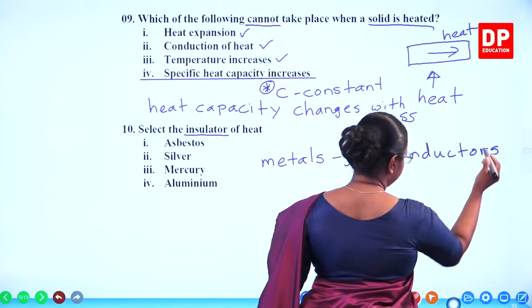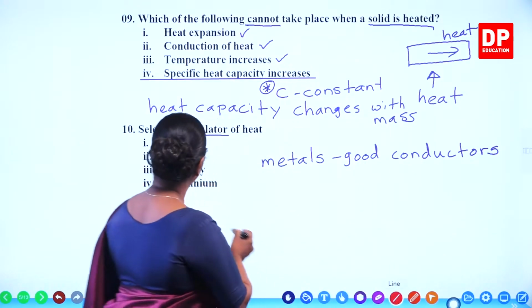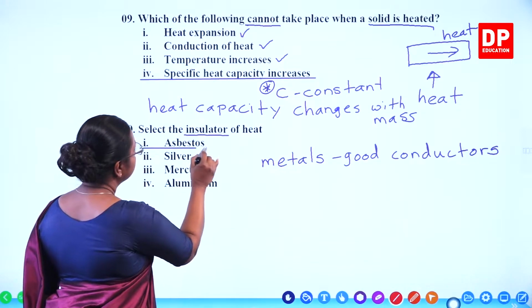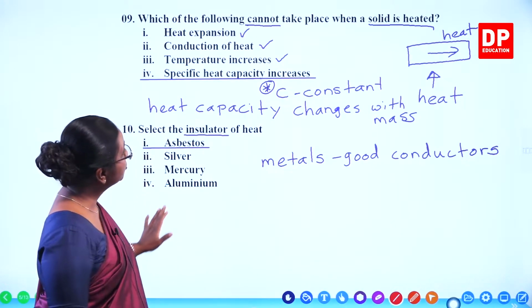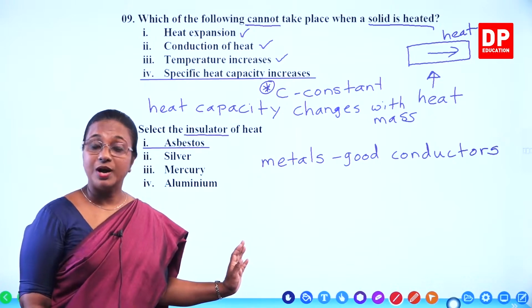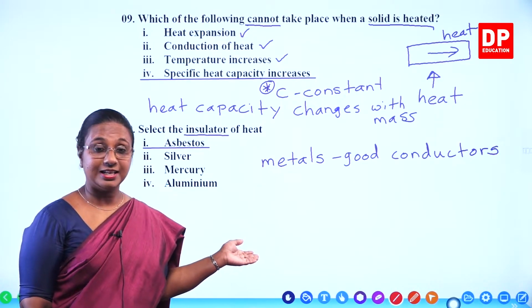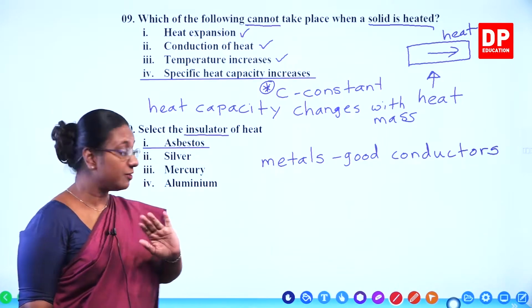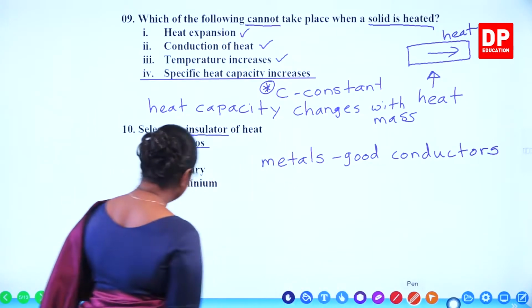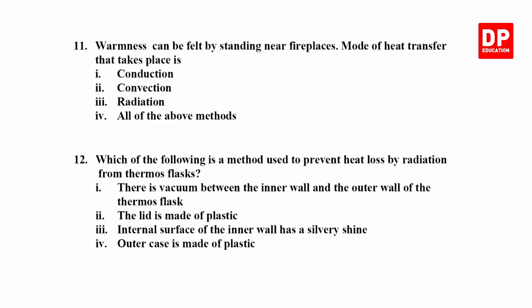So, therefore, they are not insulators. So, out of these, the insulator is asbestos. So, I am sure, students, you were also able to answer these questions correctly. And also, you remember all this information from the lesson. With that, I am going to move on to the next question.